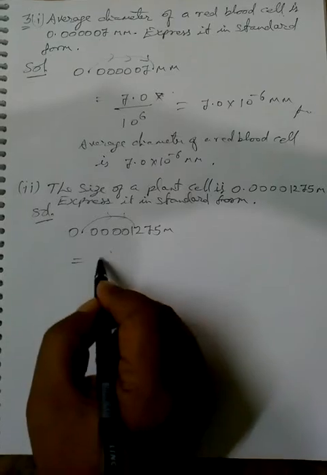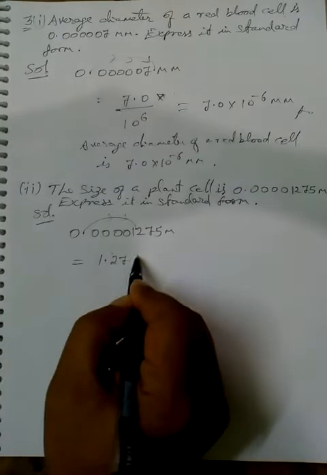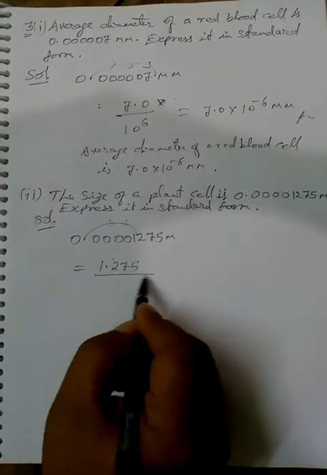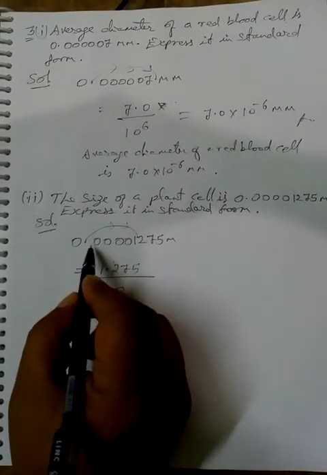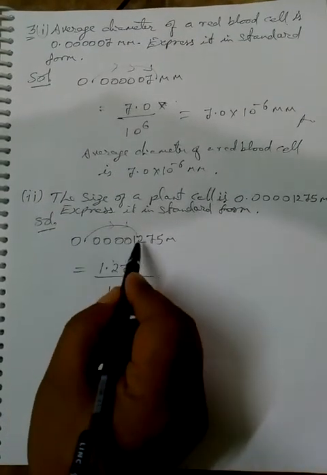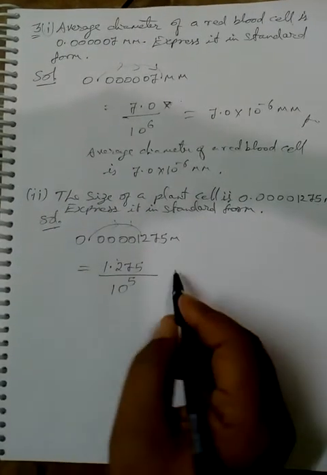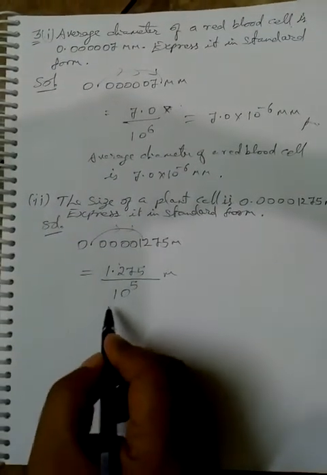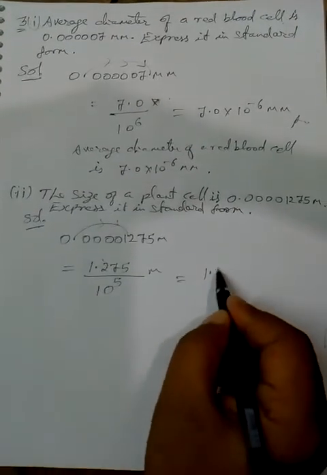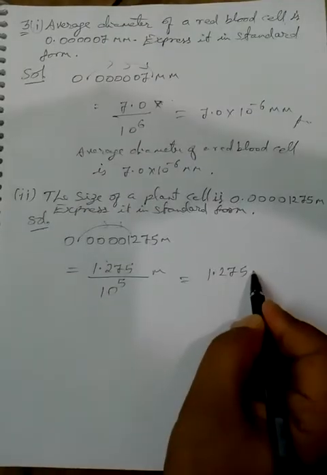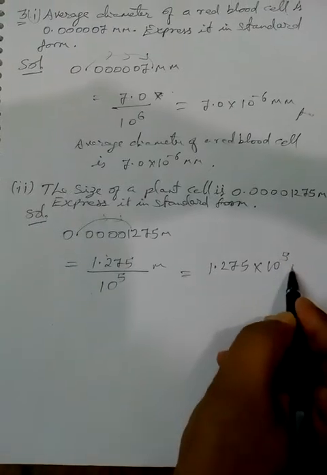So what we will write here is 1.275 upon 10 raised to the power of the number of digits we have moved the decimal place: 1, 2, 3, 4, 5. So 10 raised to the power 5 meter. This is 1.275 into 10 raised to the power 5 meter. Answer.